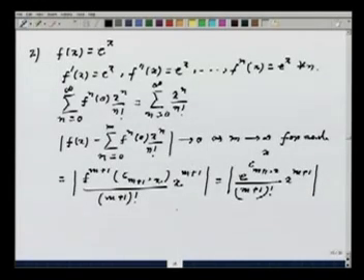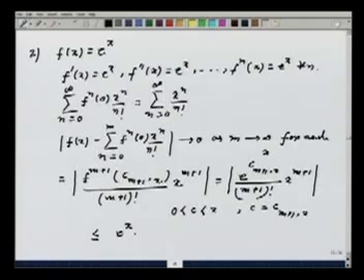But on c we have the property that 0 less than c less than x. Well, this c is c_{m+1,x}. So that means this whole quantity is less than or equal to e to the power x into x to the power m plus 1 divided by (m+1) factorial.